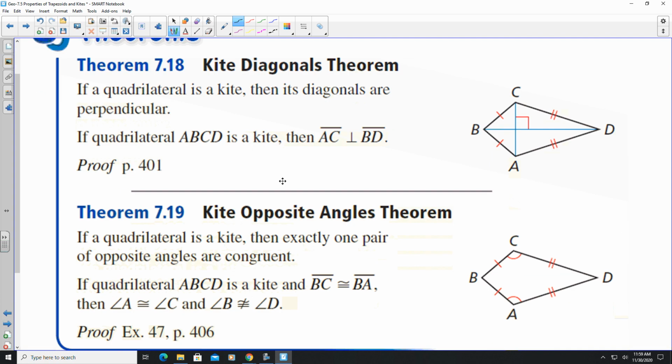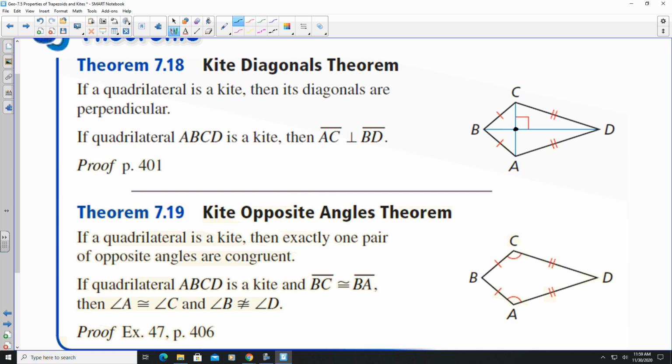All right, kites. Kites have a couple of theorems. One, like I said, 2 consecutive congruent sides. Another characteristic of a kite is that if you look at the diagonals, they intersect at a 90-degree angle.